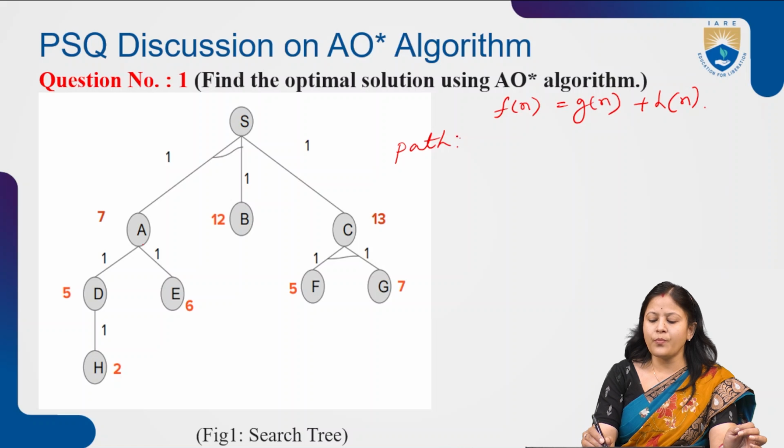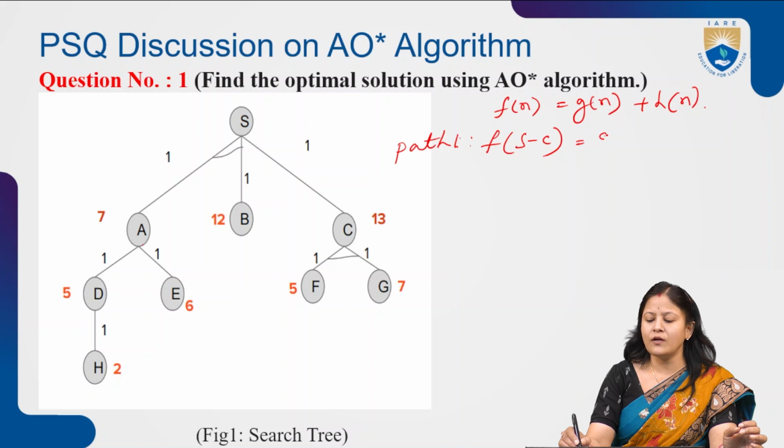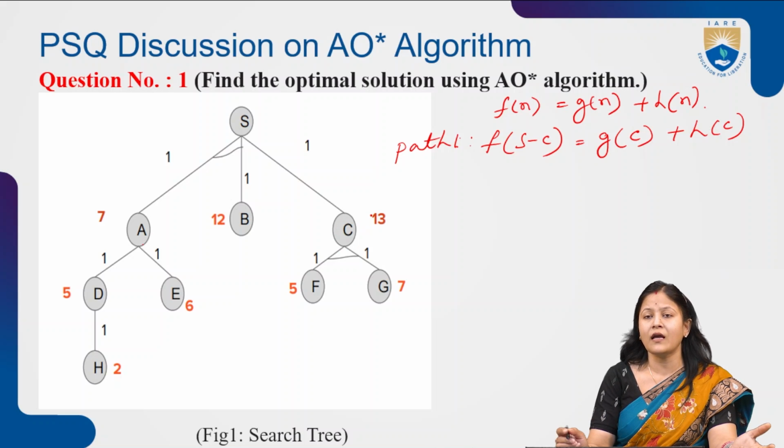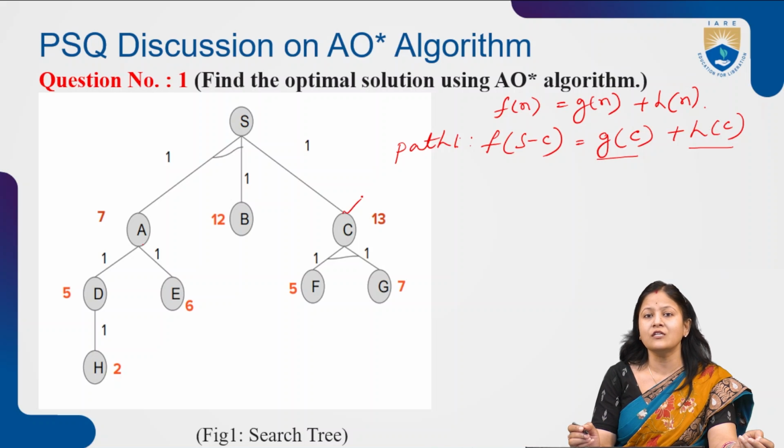First we calculate F of S to C. Why am I not writing S to C for G or H? No need to write. Directly you can write the child node. Whenever we calculate the actual distance G or the heuristic value of any node, you always prefer the child node. From S to C, C is the child node.